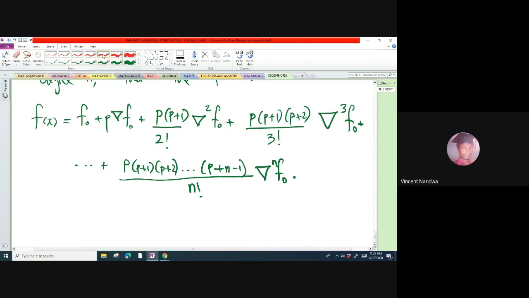And then the error associated with this approximation will be the next n plus 1 term.